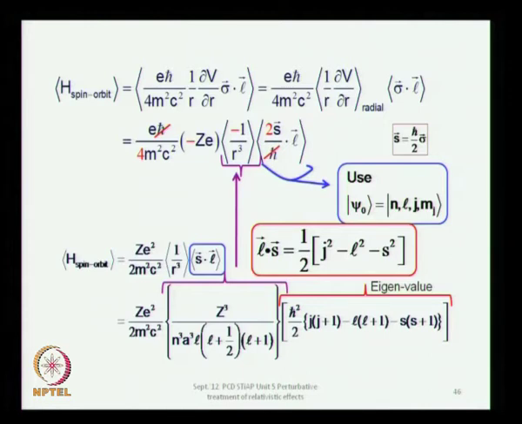So, that is what you will get, and then you get the average value of 1 over r cube. So, the 1 over r cube will give you this term, which goes as 1 over the third power of the Bohr radius, 1 over the third power of the principal quantum number, and there is an L dependence in this expectation value. So, you can do it for any radial function of the hydrogen atom and get those terms, right.